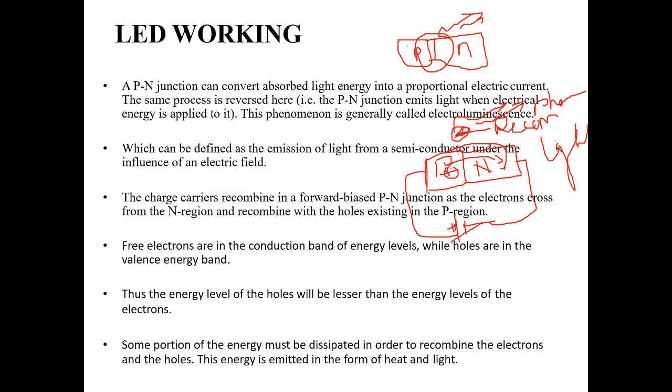If I increase the voltage level, more electrons and holes are going to move from p-type material to n-type material. If I keep increasing the voltage, more carriers are going to move, and the recombination process is going to increase, so the light energy is going to increase.